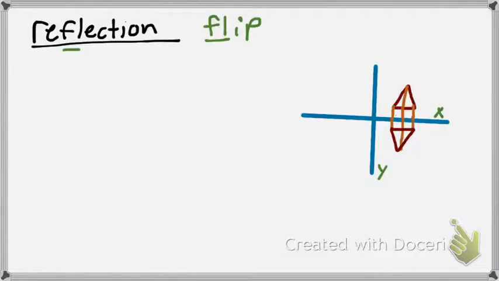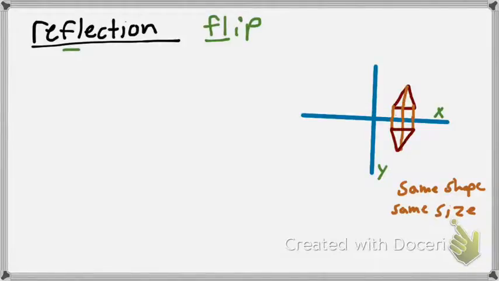So, just like we did last time, let's look at what changed. Did the shape change? Nope. Same shape, which means it has the same angles. Nothing about the shape itself has changed. If it was a square, it's still going to be a square. Has the size changed? Nope. So same shape, same size.